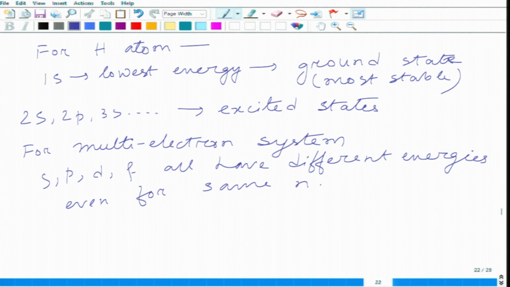Why is this the case? Because in the hydrogen atom there was only one electron, right? So, the only force present within a hydrogen atom was the force of attraction between the nucleus and the electron. There was no force of repulsion. But for multi-electron systems, there are many electrons. Now, all the electrons are negatively charged.